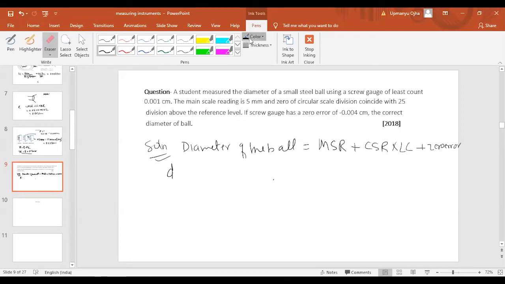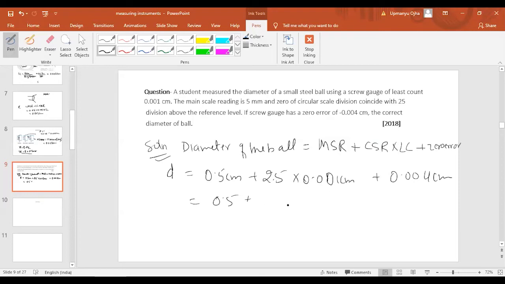The diameter of the ball will be equal to the main scale reading. The main scale reading is in millimeter, so we have to convert it to centimeter. That would be 0.5 centimeter plus circular scale division 25 into least count 0.001 centimeter plus zero error 0.004 centimeter. So from here we get 0.5 plus 0.025 plus 0.004.